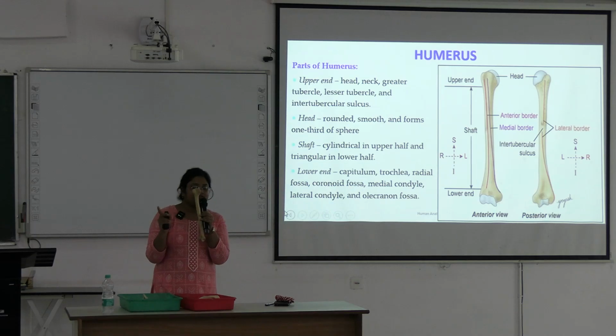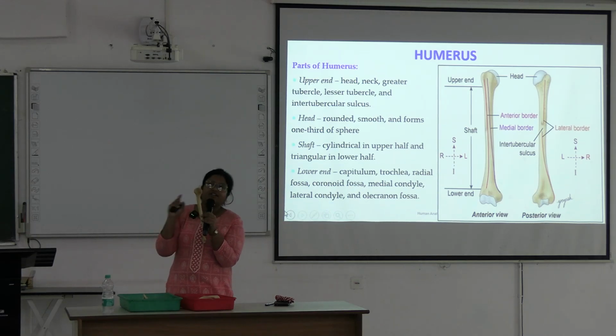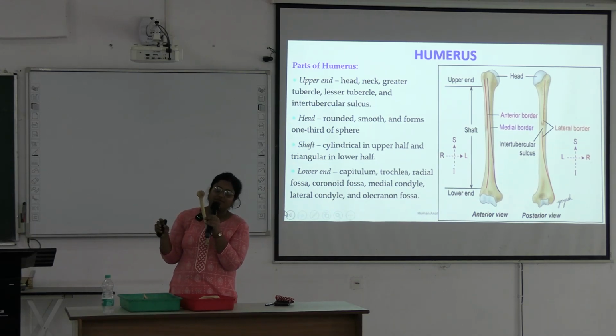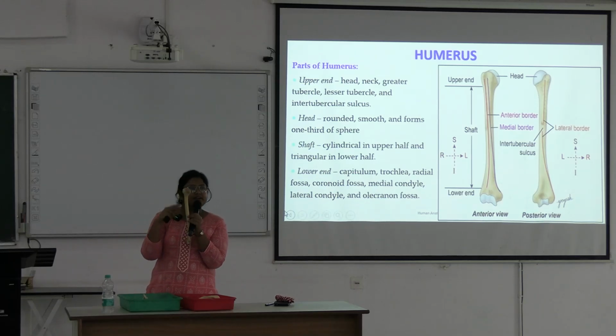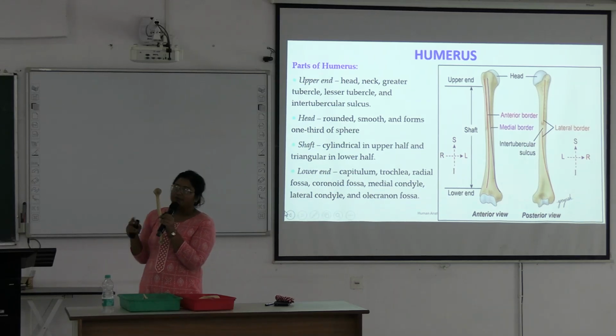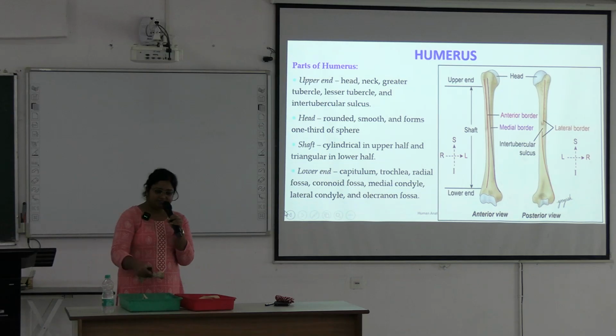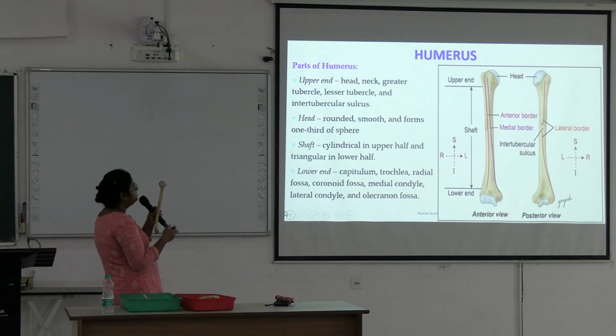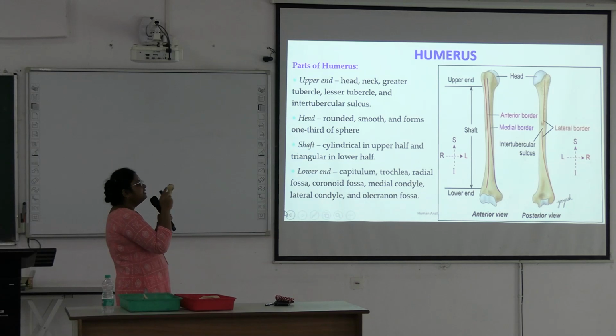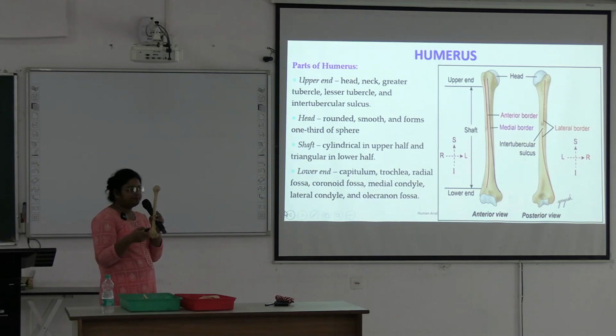Okay. Morphological neck you cannot see. It is the place of junction between upper epiphysis of upper end and the shaft. Okay. So 3 types of necks are present. So upper end consists of head, neck, greater, lesser tubercle, intertubercular sulcus.